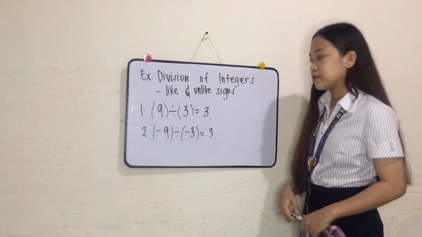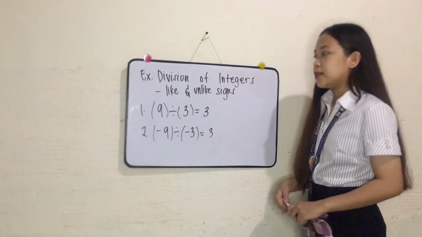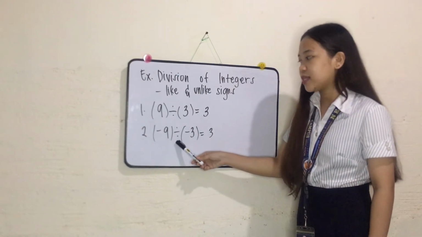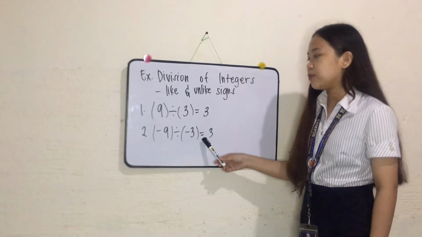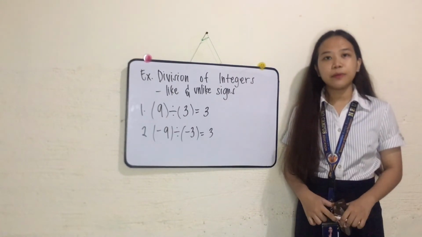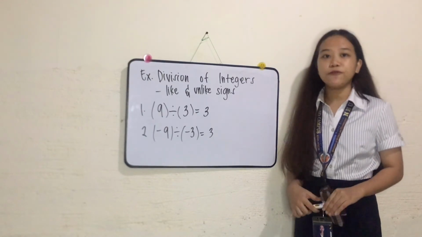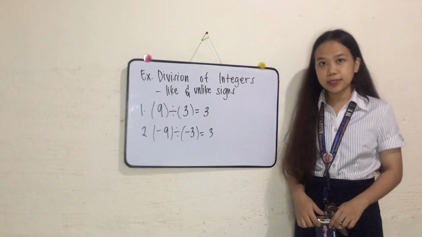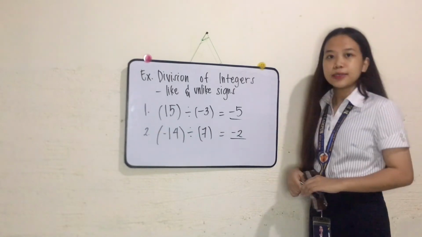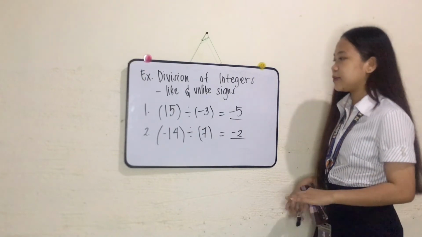Next, we have an example of the same negative sign, which is negative 9 divided by negative 3 is equal to positive 3. Again, remember, just like when multiplying integers, in division of integers having like signs, the quotient will always be positive.